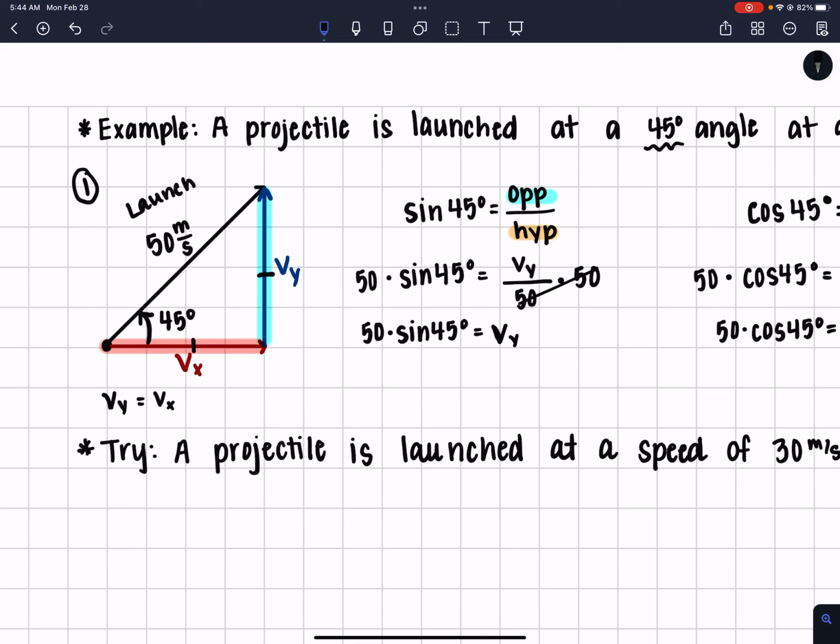That angle of 45 doesn't produce a greater vertical launch, and it also doesn't create a greater horizontal launch. It's exactly in the middle. So my speed is split up perfectly between these two components, vertical and horizontal. So I should get 35.4 meters per second when I calculate both of them.